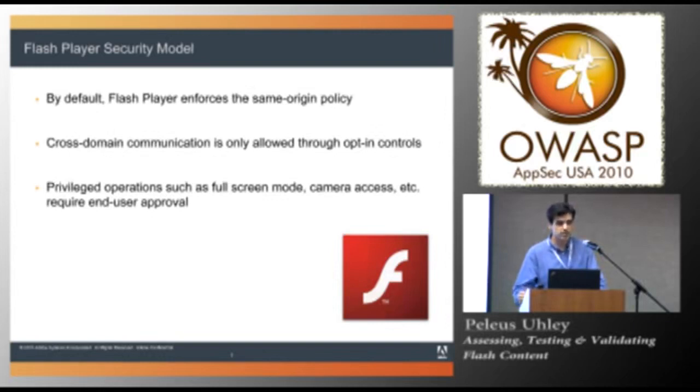They either allow script access or they're cross-domain policy files. But in order for Flash to go beyond that, there's usually an opt-in control in its place. And for things that don't concern the server, but instead concern the end user, we'll prompt the user. So for instance, enabling camera and microphone access.